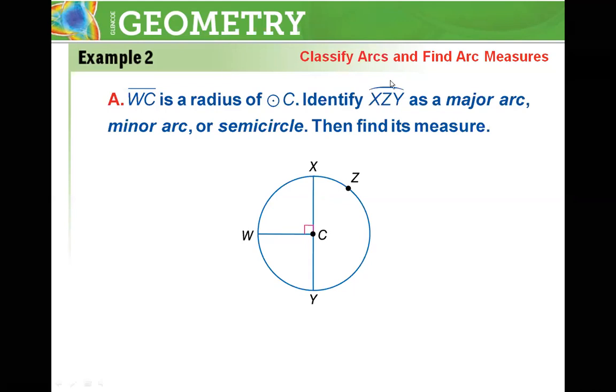This is the sign of the arc. So I need to identify XZY. This arc, as I go now with the red pen, I need to identify it as a major arc, a minor arc, or a semicircle. So this arc represents what? Then find its measure.